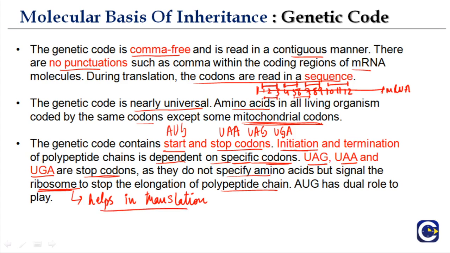But for now, it is important for you to know that it helps in translation. And these stop codons do not specify an amino acid, but they signal the ribosome to stop the elongation of the polypeptide chain. And AUG has a dual role to play. What are the dual roles AUG plays? It is the start codon, that is where translation will start, and it also codes for the amino acid methionine. Okay, so these are the dual roles of the AUG codon.